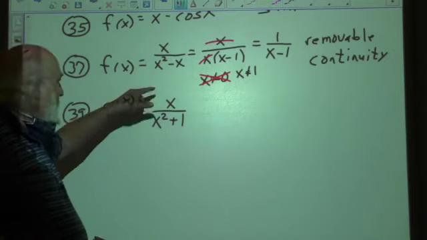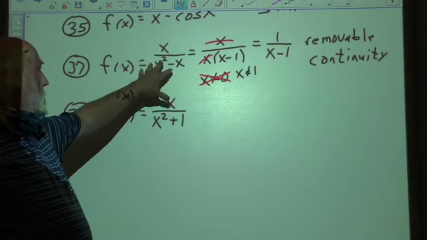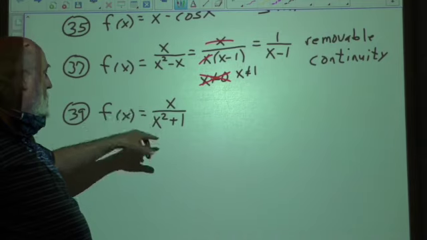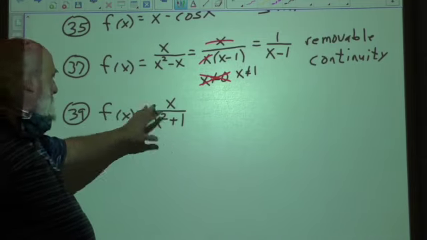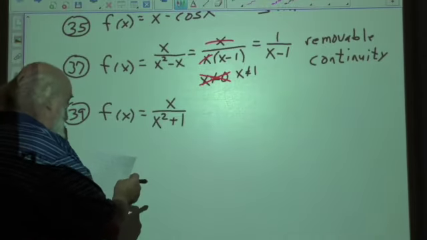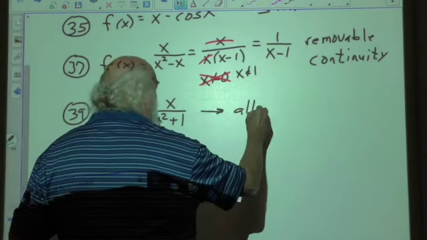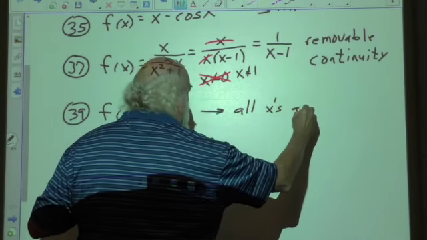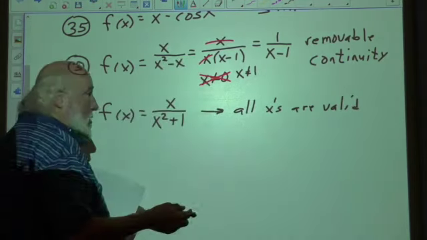But unlike the previous one where, if we had 0 or 1, we get two options of getting 0, x squared is always a positive number. So any positive number added to 1 will never give you 0. All right? So just like for the first two, all x's are valid. So this is a continuous function.